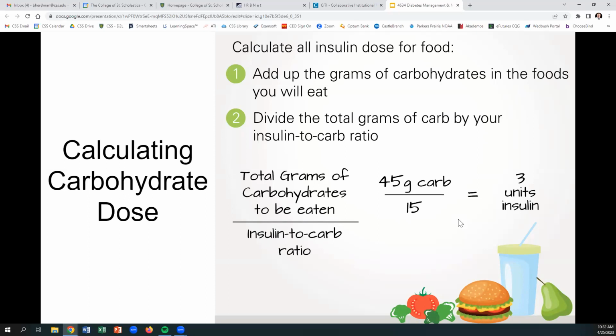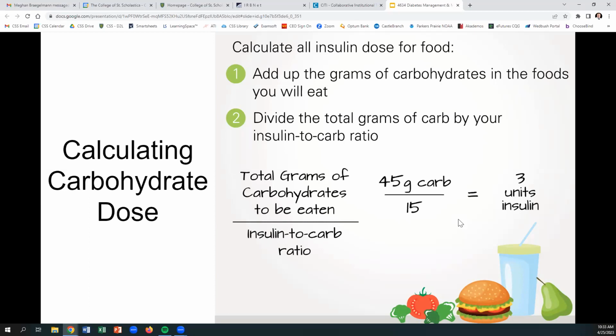And some hospitals will actually label, they will do the math for you. They will convert the total carbohydrate, divide it by 15, and give you the carb choice so that this math is already done for you and you know exactly how much insulin to give your patient based on that receipt. But here, we want to teach you how to do this longhand just in case your facility doesn't offer this.